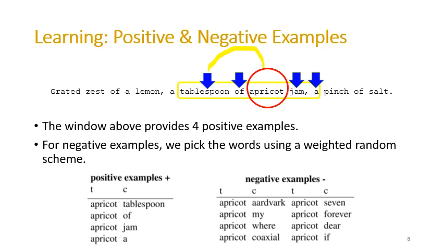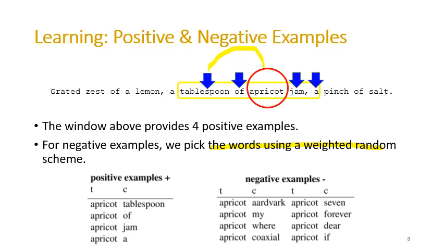However, in order to learn something, as I said before, you need negative examples, the words that are not the context word of apricot. How can we do that? In word2vec, the method usually picks other words from the vocabulary using a weighted random scheme. It takes the word randomly, but weighted, for example, by frequency.